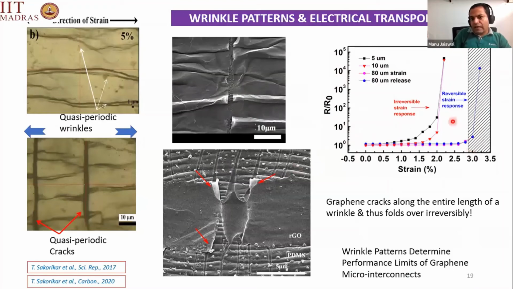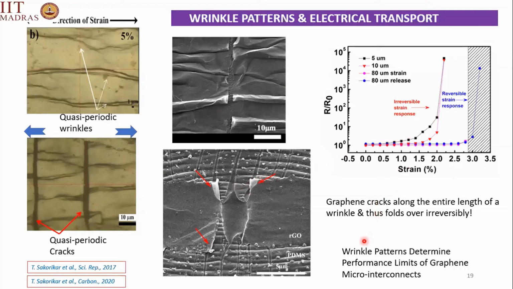But on the other hand, as you decrease the width of these interconnects, then the graphene cracks form along the entire length of the wrinkle, and therefore they tend to fold once it cracks, and the process becomes irreversible. So what we have shown is the wrinkle patterns determine the performance limits of graphene micro interconnects. Very important example where mechanical instabilities play an important role with reference to electrical transport.